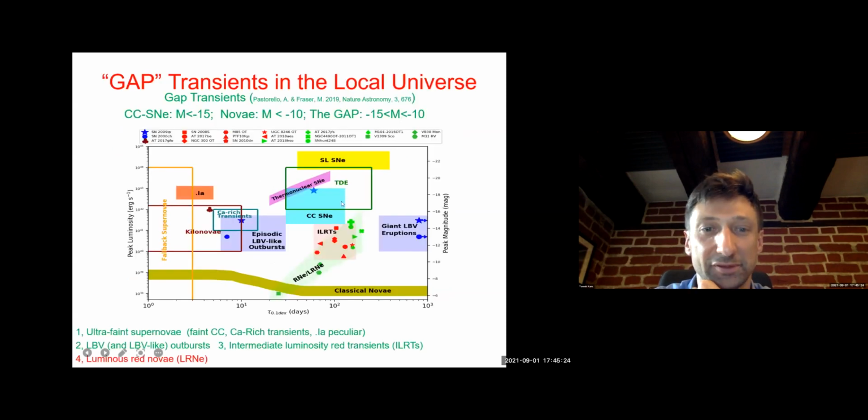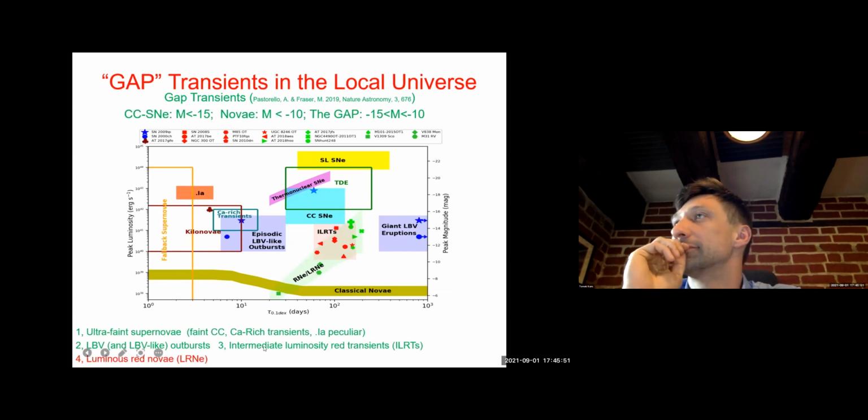First of all, let's look at this map for the transients in the local universe. The x-axis is the time scale. The y-axis is the peak luminosity. The gap transients refer to the transients located in this region, which is populated by the ultra-faint supernovae, the LBV outbursts, intermediate luminosity red transients, namely ILRTs, and the luminous red novae.